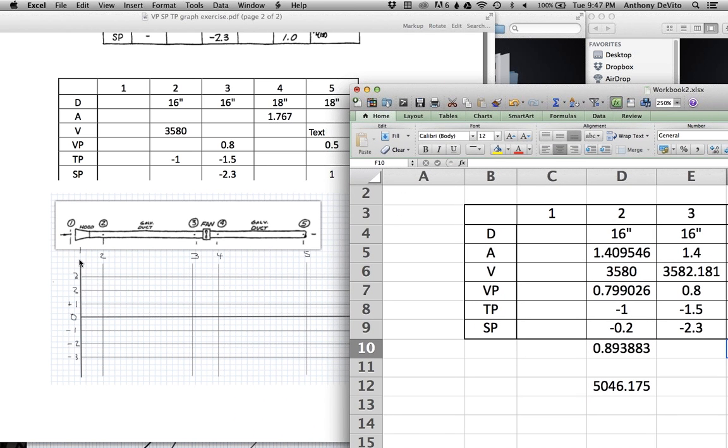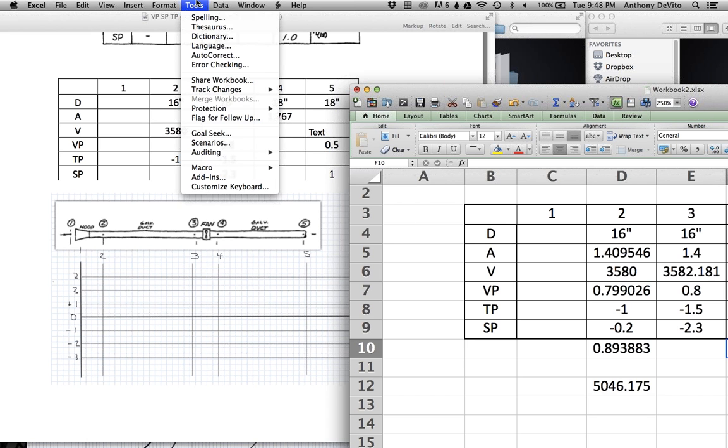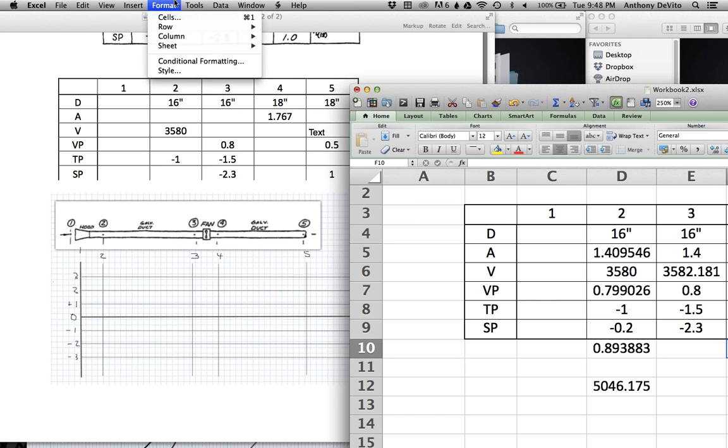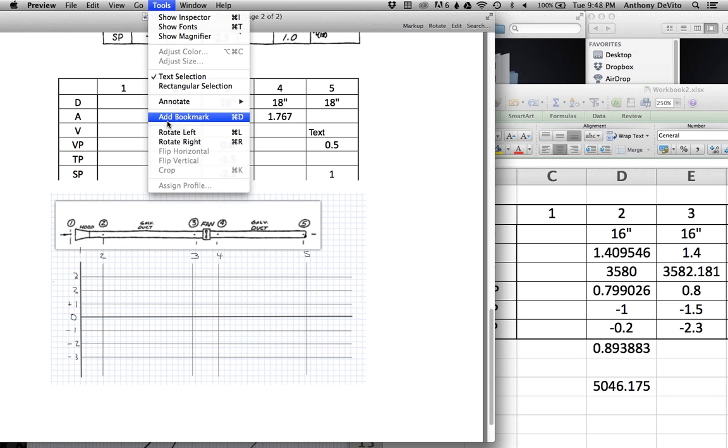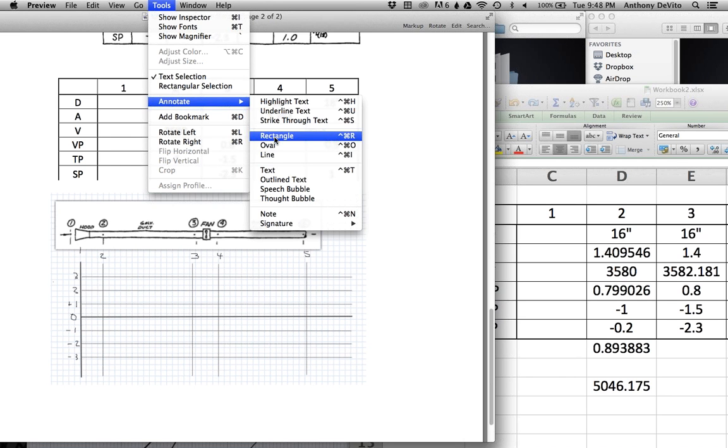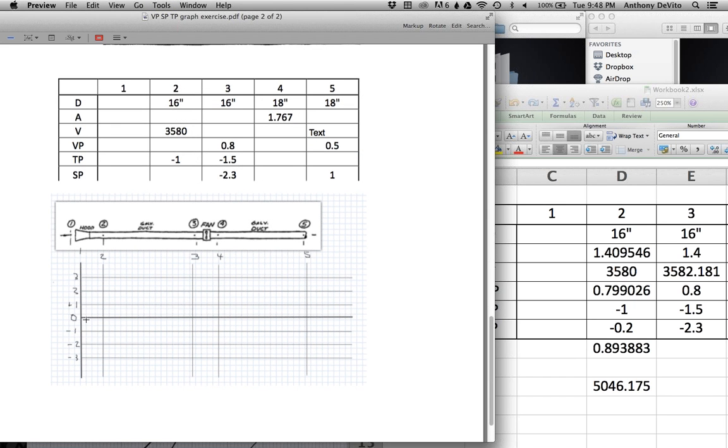It's going to start out at 0 at the hood face, and it's going to go quickly down to negative 0.2. So I'm going to go up here and get a line. Okay, and it's going to go from basically 0 to negative 0.2, like so.